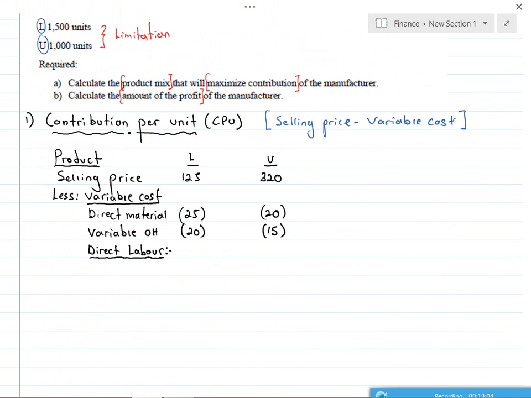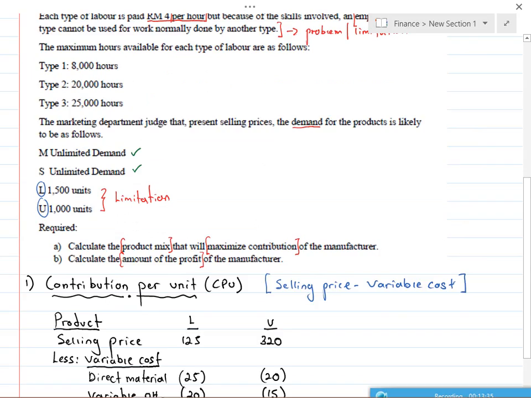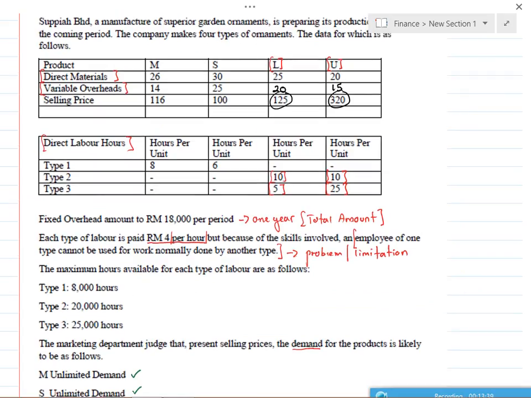So over here, sorry, type 2 and type 3. Now, how are you going to calculate the total? Here it is only hours, am I right? We have to calculate for the value.